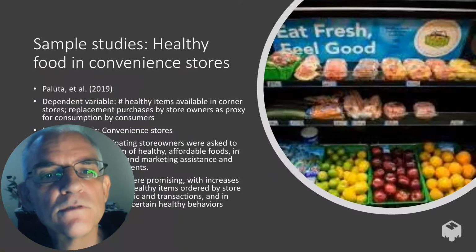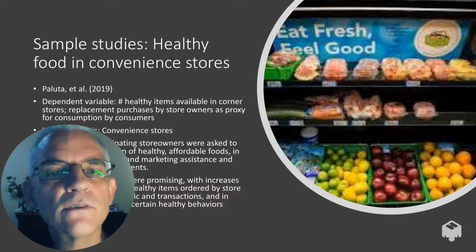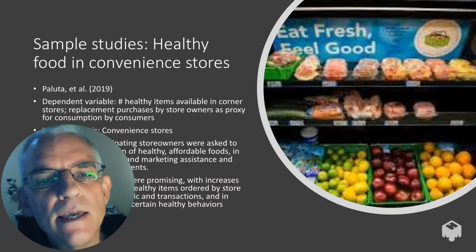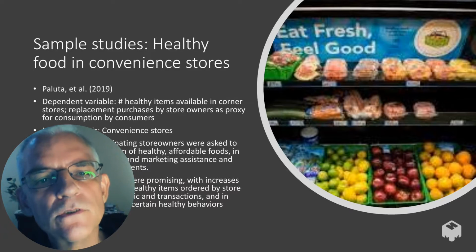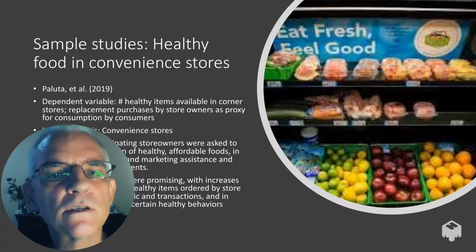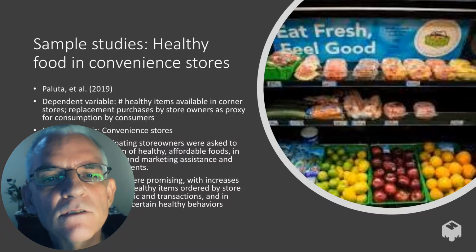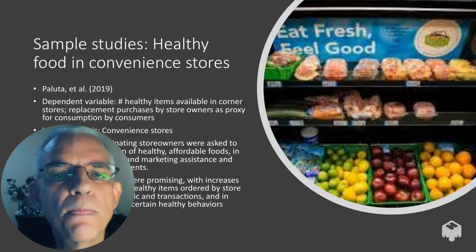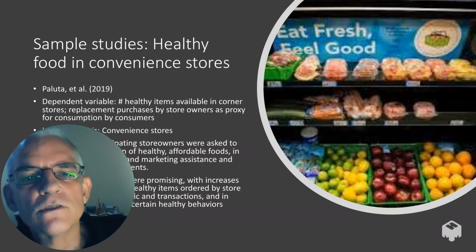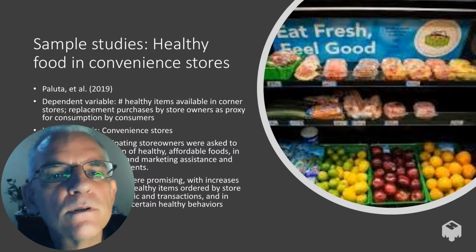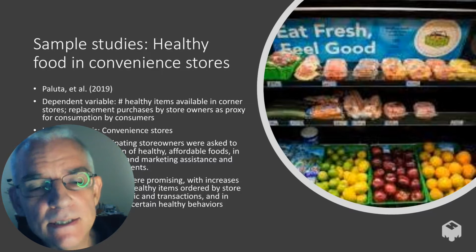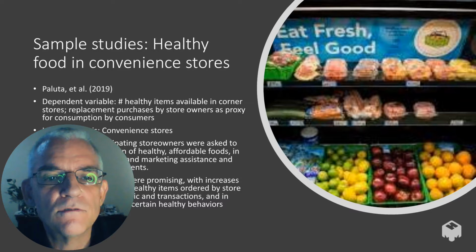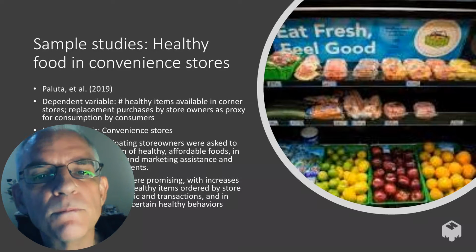There's also a number of studies related to healthy food and convenience stores. Paluda et al. in 2019 looked at the number of healthy items available in corner stores and at replacement purchases by store owners as a proxy for consumption by consumers. Looking at convenience stores, they developed a program asking store owners to increase the number of affordable healthy foods, providing technical and marketing assistance and even physical improvements to buildings.